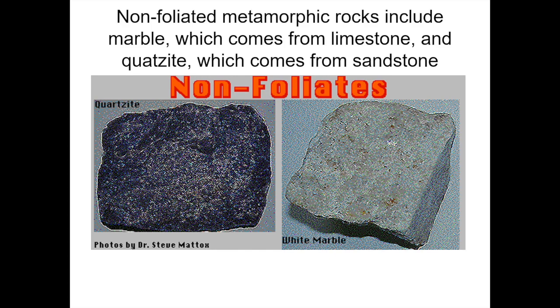Again, marble, no banding, no layering looking things along this rock. We use that for monuments, we use it for building materials, we use it for countertops. Hard rock, but again formed from limestone, a fairly soft sedimentary rock.